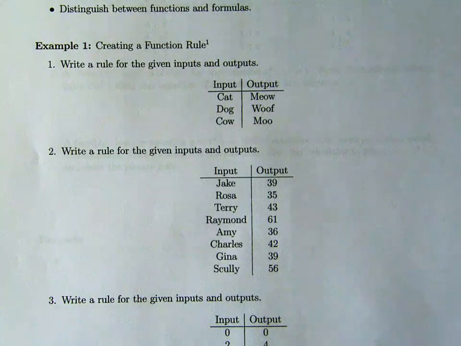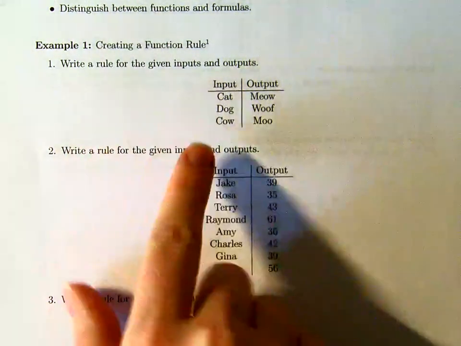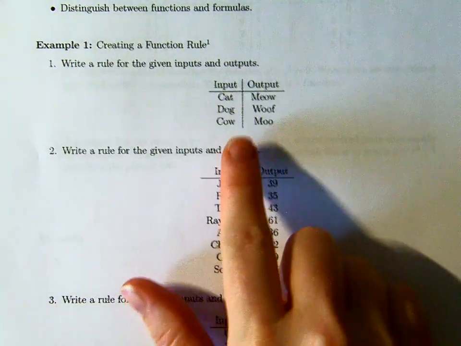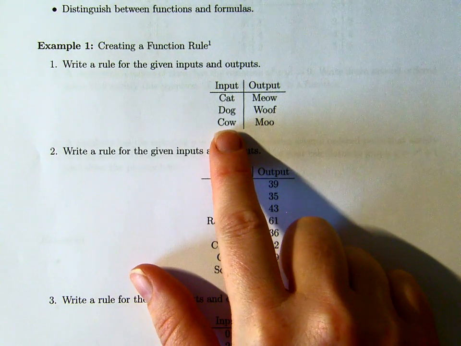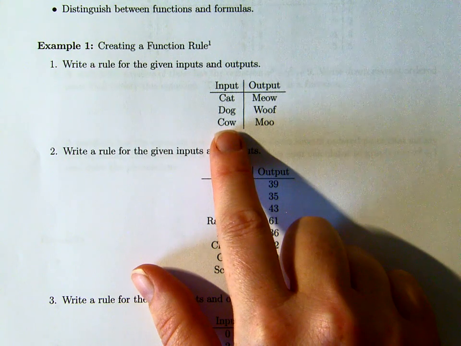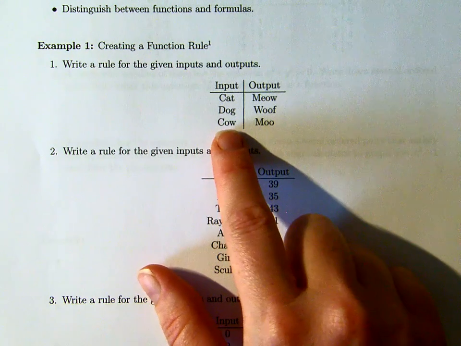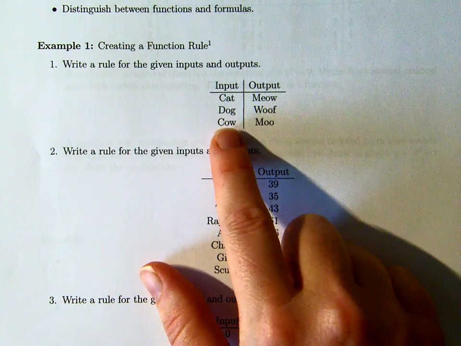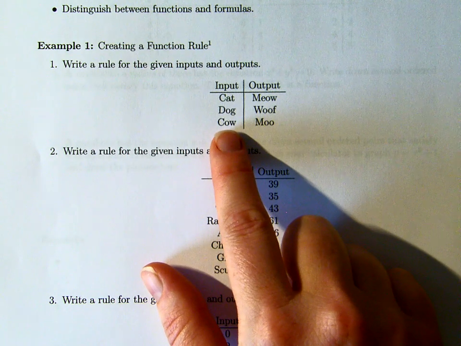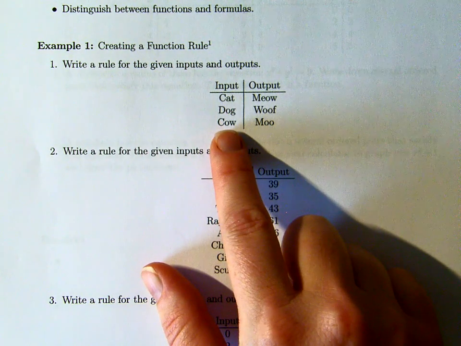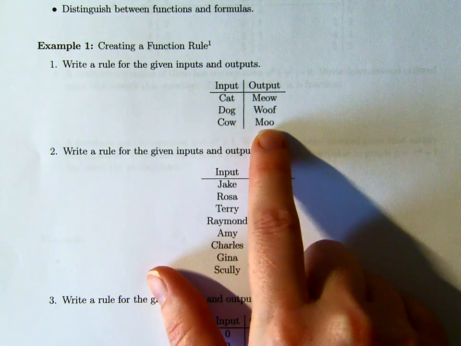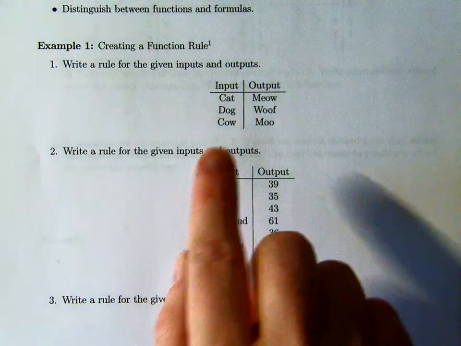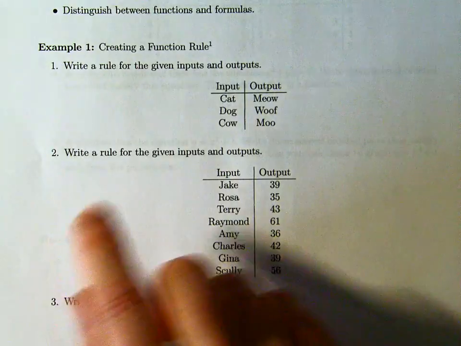Anyway, so the rule, in my opinion, would be, maybe, what sound does this animal make? So someone would tell you cat, and then what sound does that cat make? It makes a meow. What sound does a dog make?